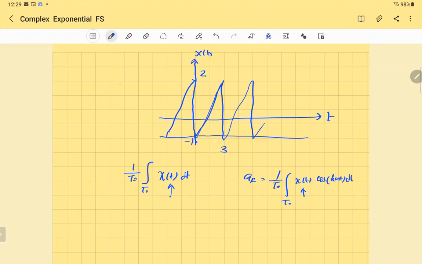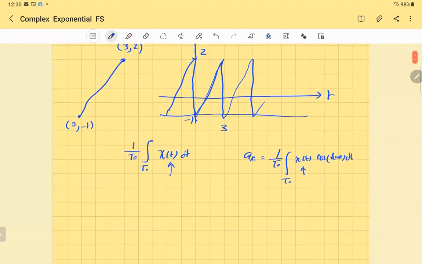So we have a straight line. At time equal to 0 the value is -1. And at the top, the time is equal to 3 and x of t is equal to 2. So using these two points, I think you'll be able to find the equation of the straight line. I can do it the easy way. I will say, okay, that's 2 from -1, the vertical displacement is equal to 3.